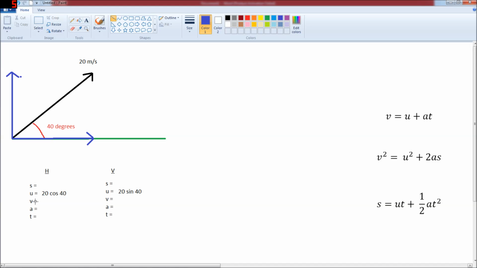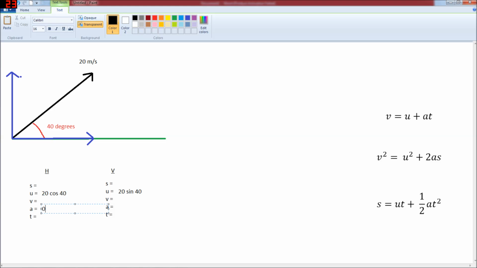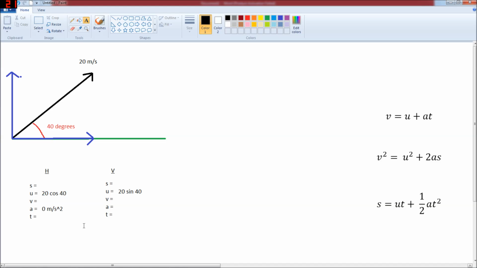Do we know how fast it's going horizontally after some time? We kind of do, and the reason is that the acceleration is 0 meters per second squared. Why is the acceleration 0? Because when we're traveling horizontally, there are no forces acting on the object.